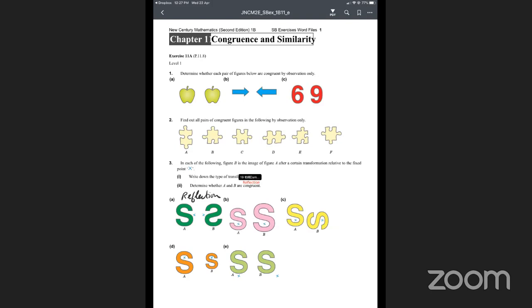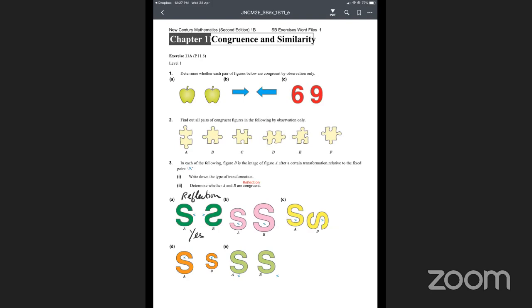Yes, because for reflection we don't change the size or the shape. Therefore, if it is formed by reflection, the two figures are congruent.